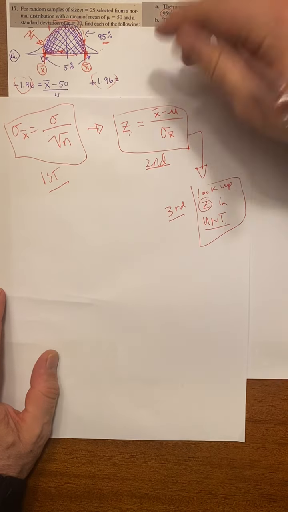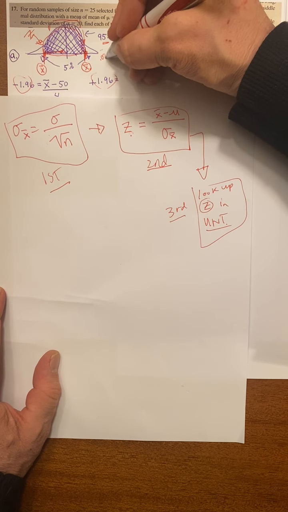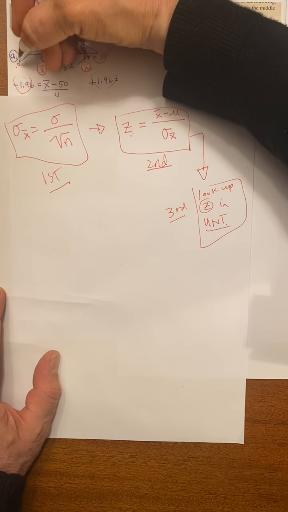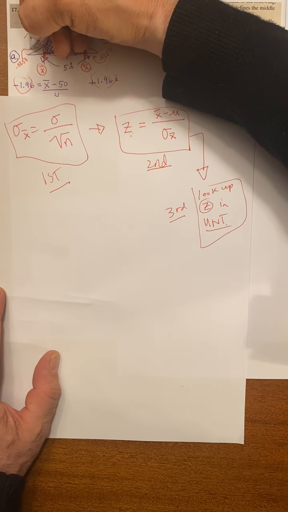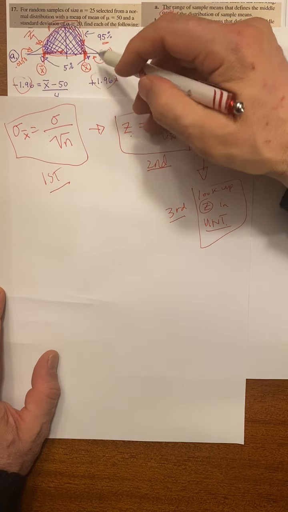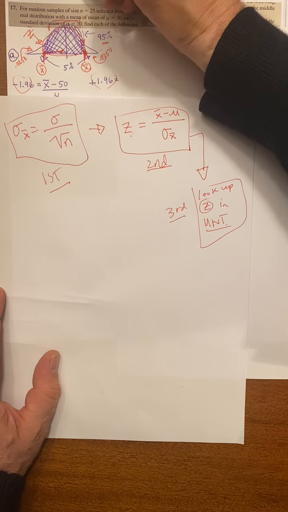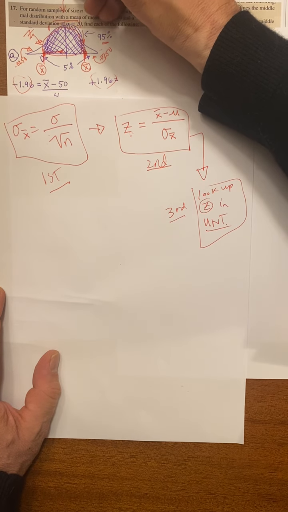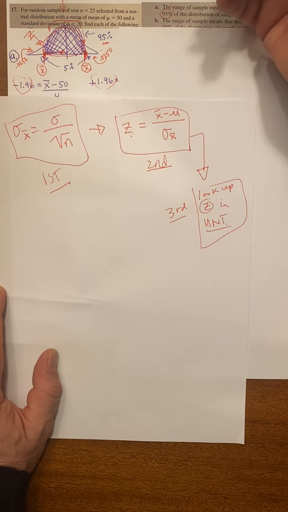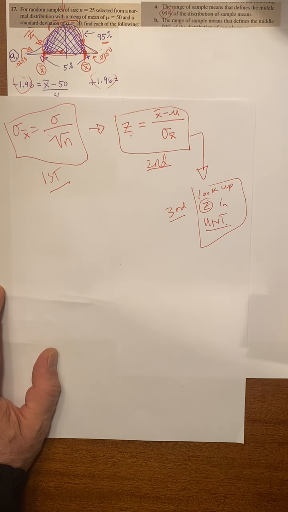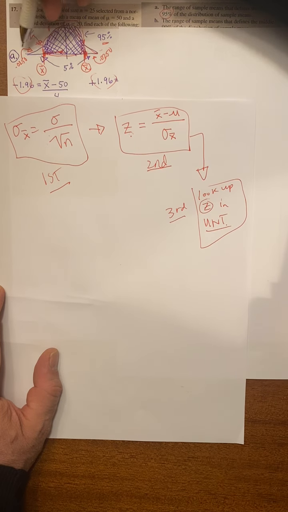So it's saying that you have 0.0250 here and 0.0250 here. How do I know that that's 0.0250? Well, the way that I know that is the middle is 95%. So that means that on the two tails, you've got the other 5% of the entire graph, right? So the entire thing is 100%.